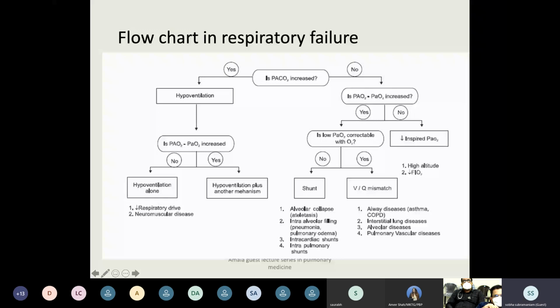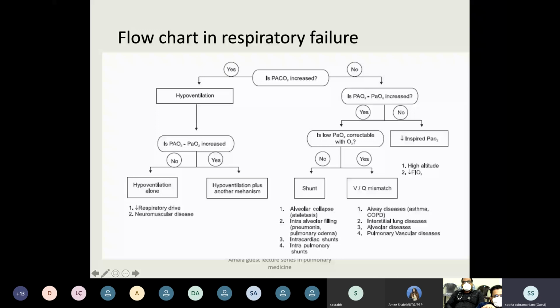Then if PaCO2 is normal, again you look at the alveolar arterial gradient. Is it normal? Yes. Then that means that it could be due to reduced PaO2 in the inspired air. For example, in high altitude or in reduced FiO2, this may be normal.